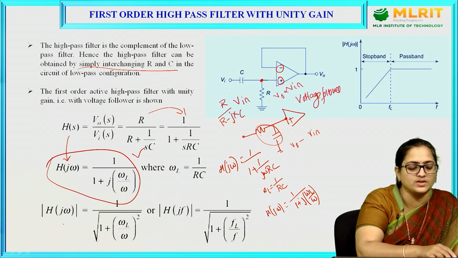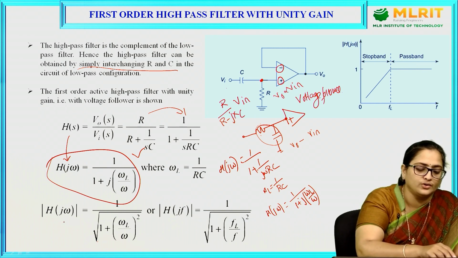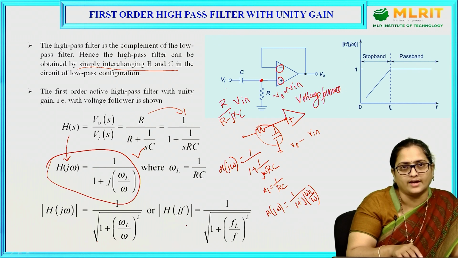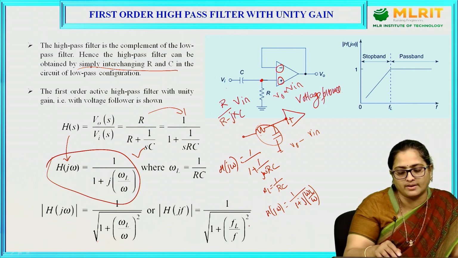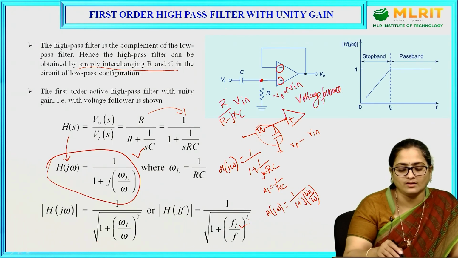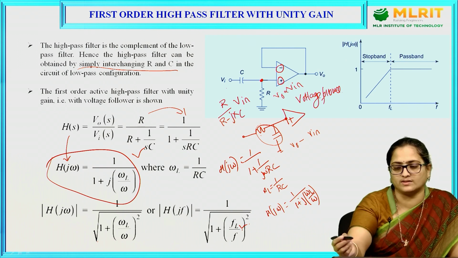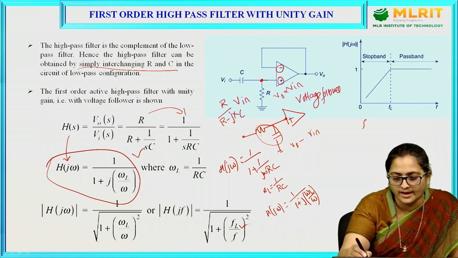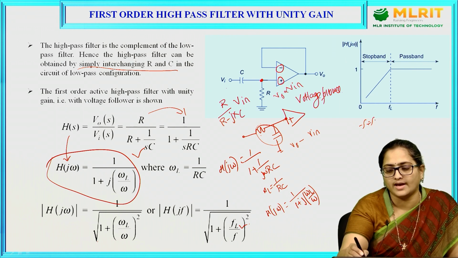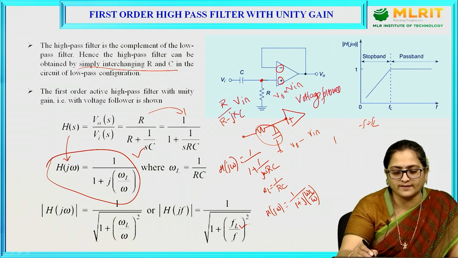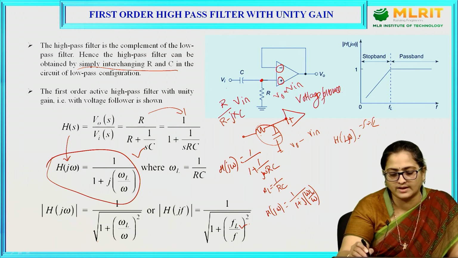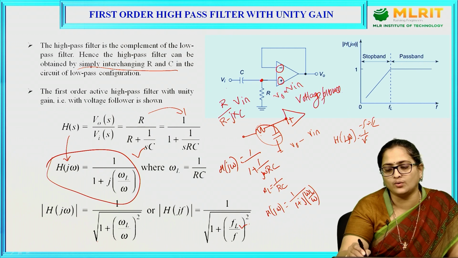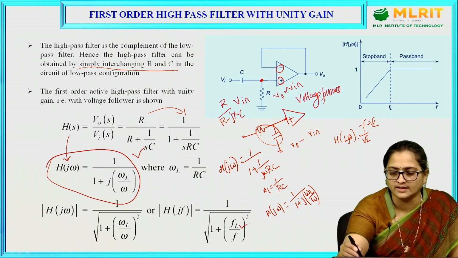If you want to write in terms of frequency, you can write this as magnitude of H of jf is equal to 1 by root over 1 plus FL by f whole square, where FL is the lower cutoff frequency. Here, when f is equal to FL, the transfer function H of jf will be equal to 1 by root 2, which is the 0.707 value.